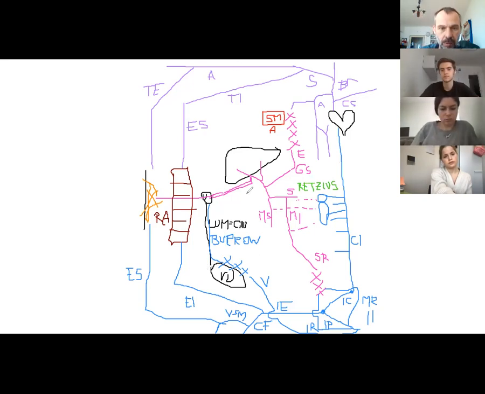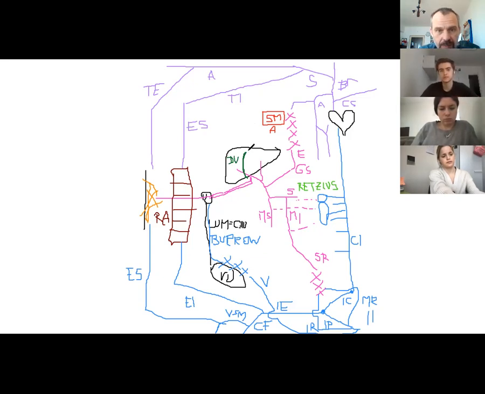And the last communication which can open is between the umbilical vein and the hepatic veins. We have a fetal shunt which we call Ductus Venosus of Arantius. This Ductus Venosus can be canalized, yeah, recanalized again.